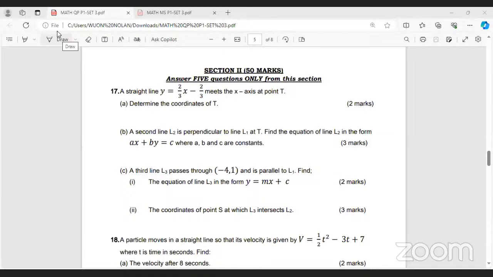Someone to tell us, what do we know about parallel lines? They have the same gradient.